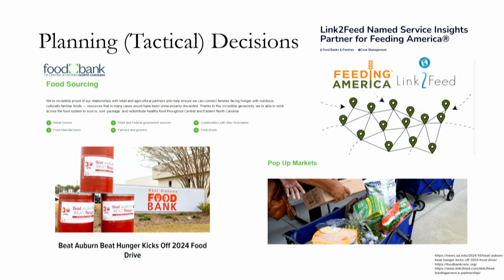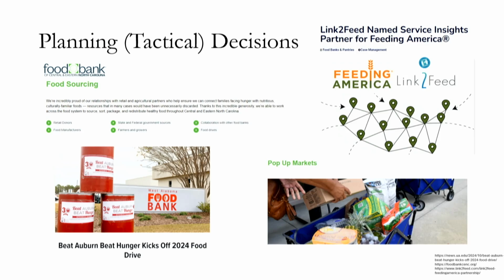So tactical decisions, first of all, involve food sourcing, because food banks want to source food in order to serve their beneficiaries in a better way and meet their needs and preferences better. Food banks do this in several ways. One of them is the retail donations program.